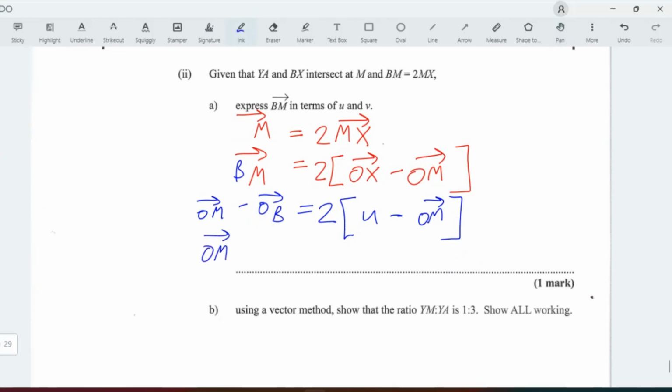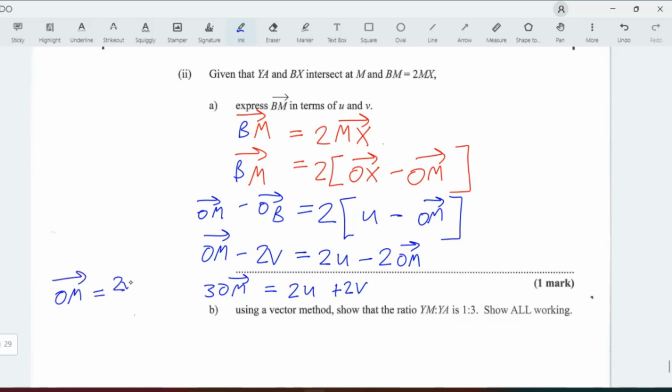So OM minus OB, and OB was 2V, equal to 2U minus 2OM. We bring the OMs to one side, so 3OM is equal to 2U plus 2V. Then divide by 3. So vector OM is 2U plus 2V all over 3.